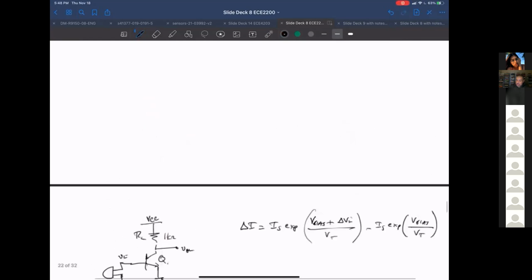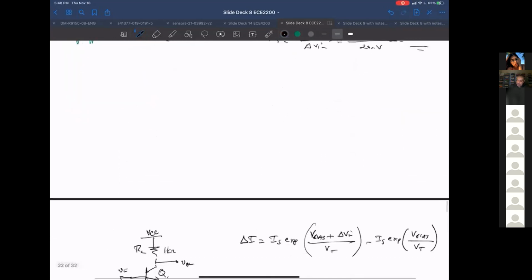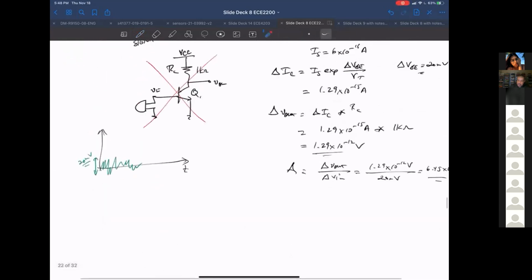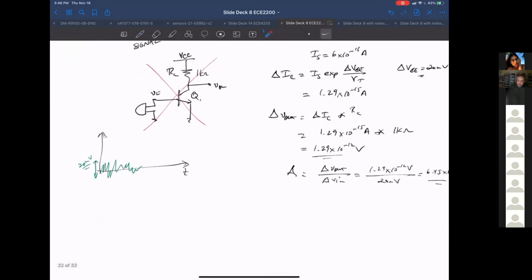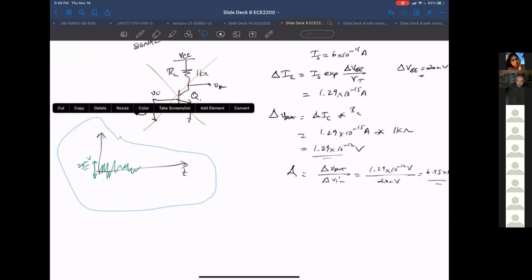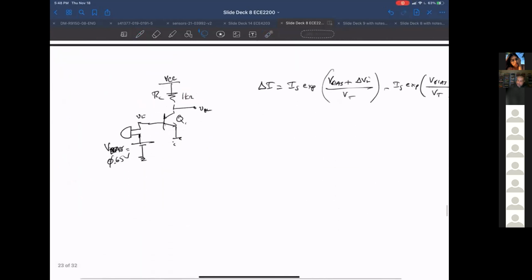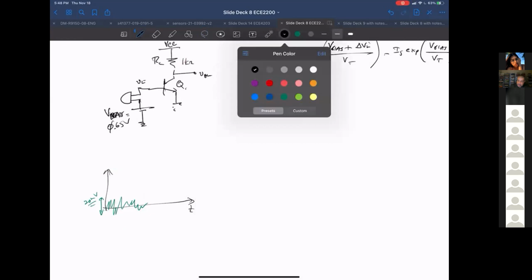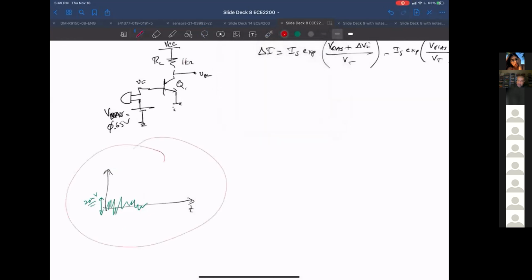So what I just did by putting this battery here is I took this situation and changed it.